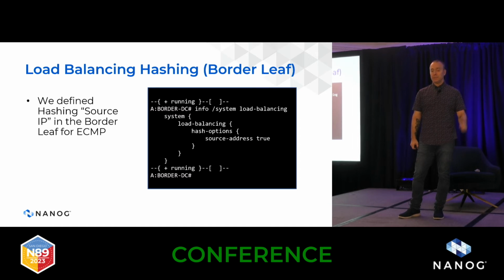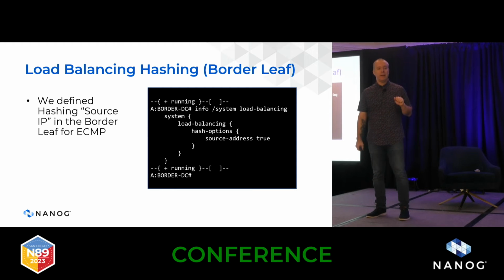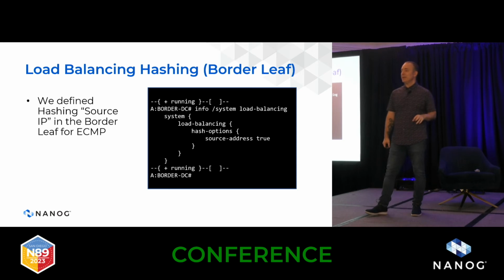And for the hashing, this is a little tricky here because the hashing is very tied to the hardware. And at first, it actually didn't work. And then I realized that I need to define a hashing base on the source address of my client in order to have a real spread of the traffic among the different nodes.